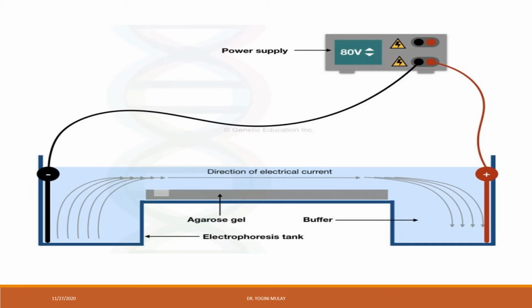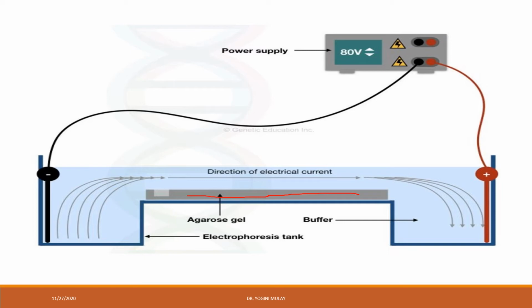This is the electrophoresis tank, and here this is nothing but the agarose gel. And as I said, the buffer is stored in this tank, and all the time this gel is immersed in the buffer, means buffer is overloaded on this gel.